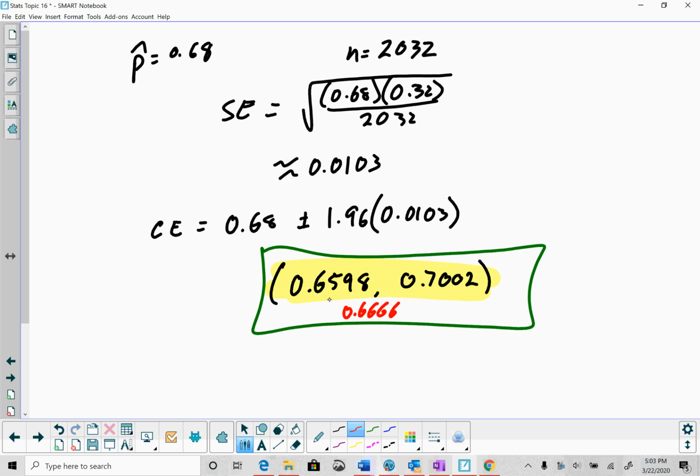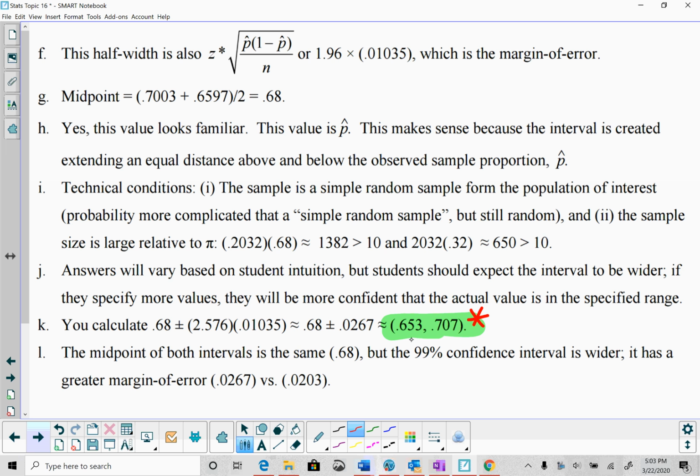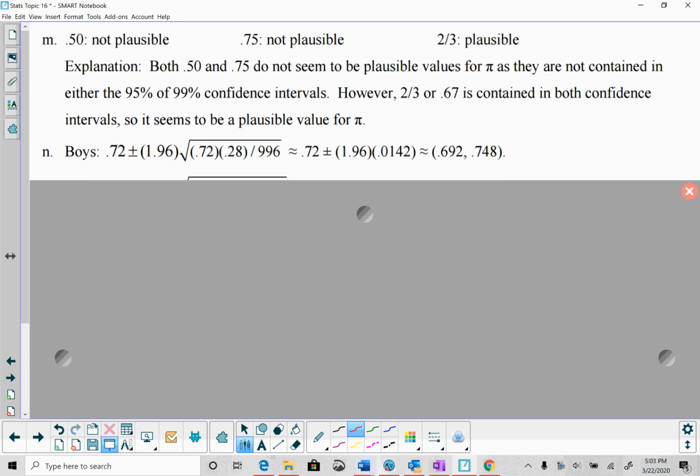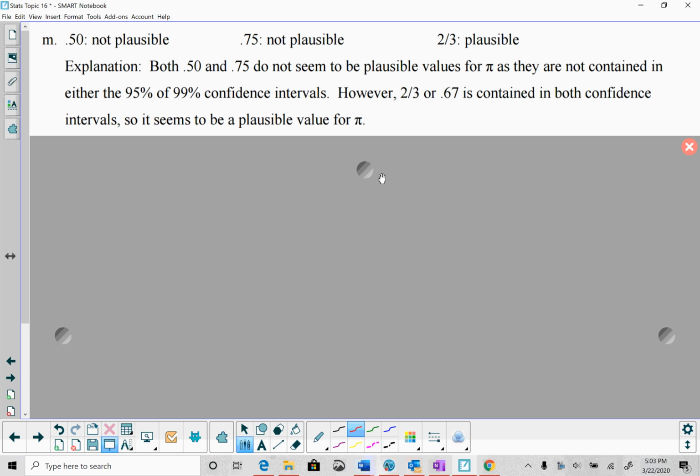Yeah, that's plausible. I mean, that's in this interval. And again, 0.66666, yeah, that's in that interval also. So that's why they're saying here 0.5 is not plausible, 0.75 is not plausible, but 2/3 is plausible because those fit in both the 95 and 99% confidence intervals.